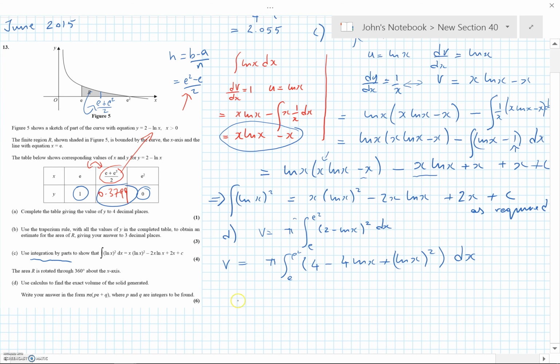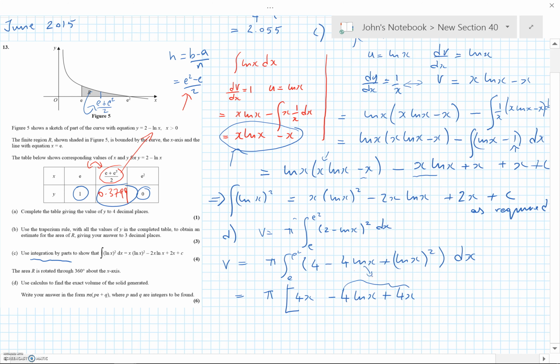Now we can integrate each of these individual parts, so again we've got pi there outside, 4x minus 4 times this one, so that's minus 4 ln x plus 4x, because it's 4 times this and we need to be careful with our double minuses, so that's that part.